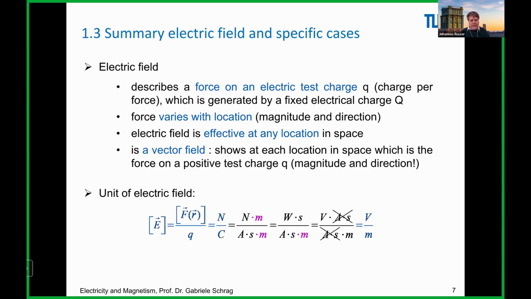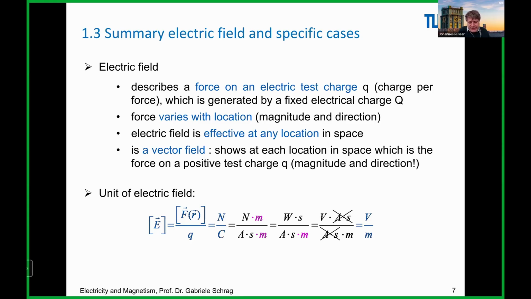Well, you have it defined as force divided by charge. Force, you know, is always given by Newton, and Coulomb is the unit of the charge.